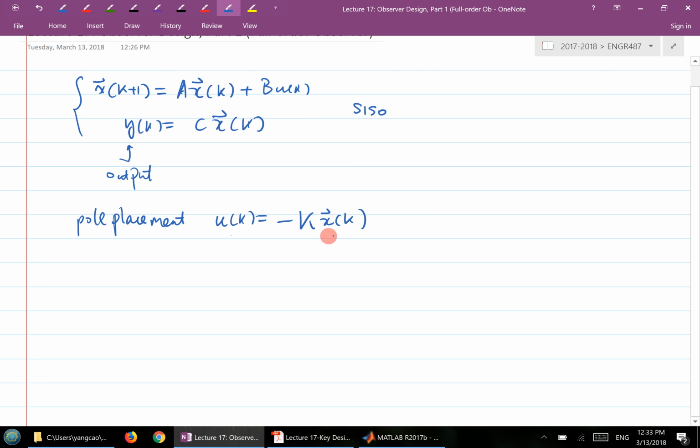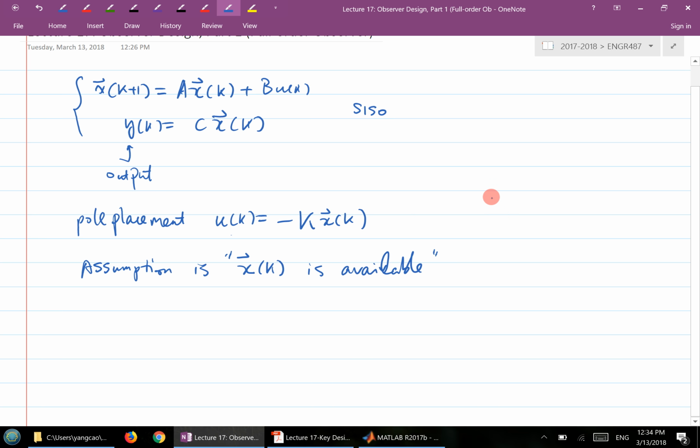So the assumption here is that this x of k is available. If it's not available, then you cannot multiply that x of k with k.